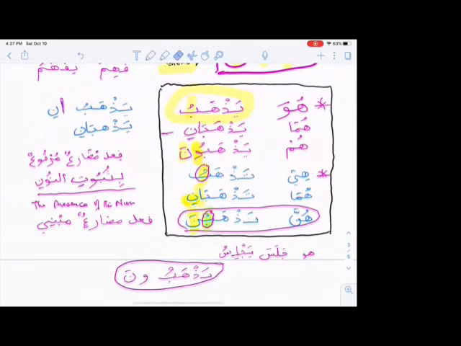Gosh. It changes into ya. See here, tazhabu, that is correct. Tazhabani, but hunna will come to yazhabna. Yazhabna. So same way, huwa jalasa, huma... Oh gosh.